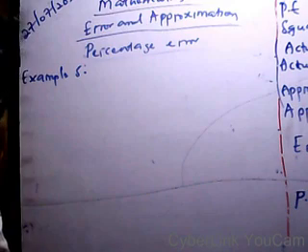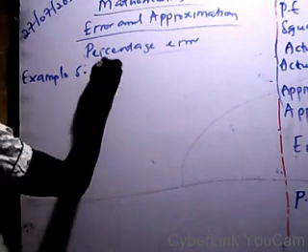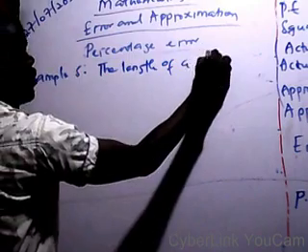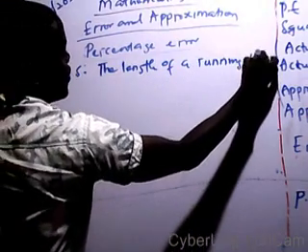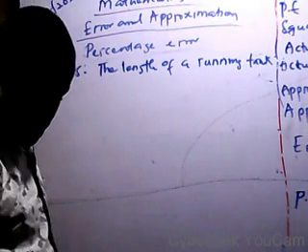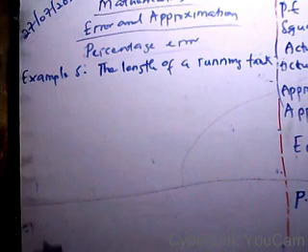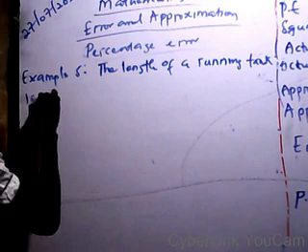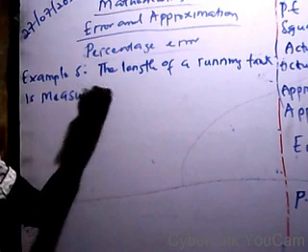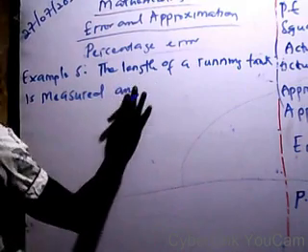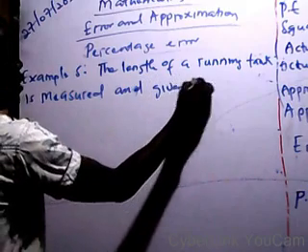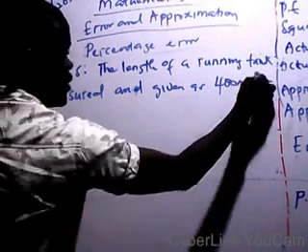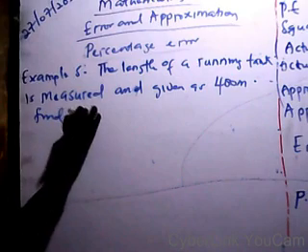The question is: the length of a running track is measured and given as 400 meter. You should find the percentage error.